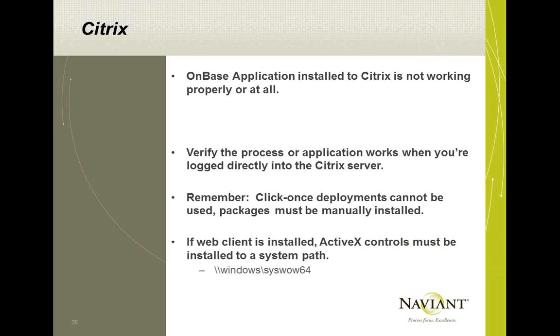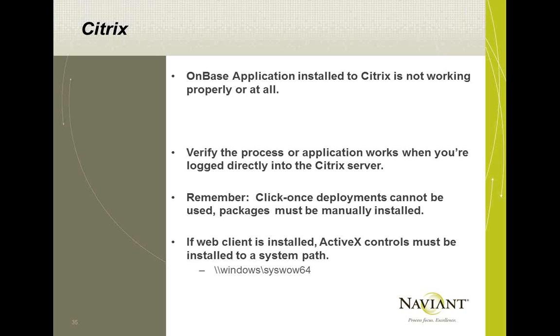And I threw this in because this is something that we do here, and usually if you have a web server or you're using a web environment, people just log into it. Well, we bring it out under our Citrix environment so any of our remote users can log into the web client using Citrix and not having to use the VPN. But a good thing to remember is that those ActiveX controls need to be installed manually, and they need to be installed in a location that's in a system path location that everybody has access to.